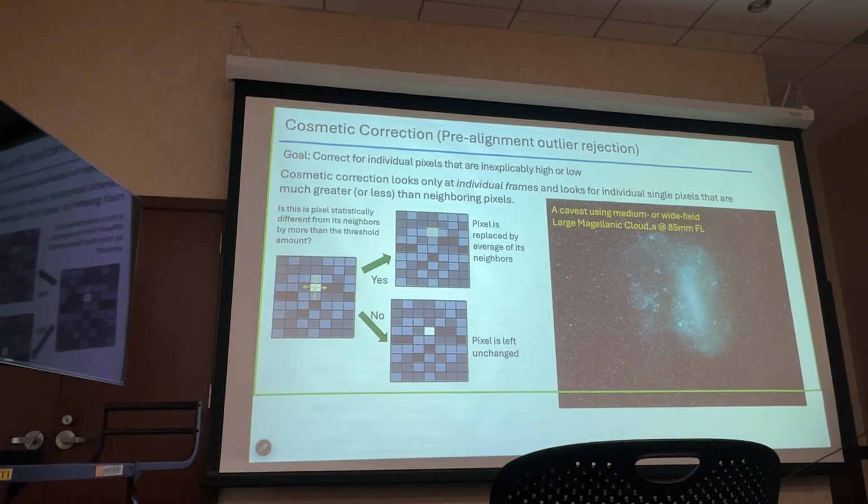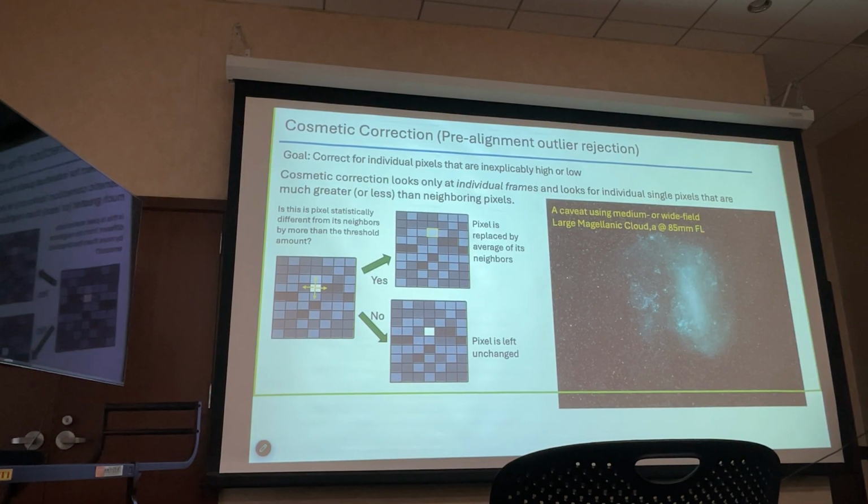Okay, so in that three-dimensional image, you can see there's a lot of pixels that are very high or very low. And many of those imperfections are a single pixel wide. So the next step is usually what's called, in PixInsight, a cosmetic correction, which is a very weird term, but it's essentially an outlier rejection.